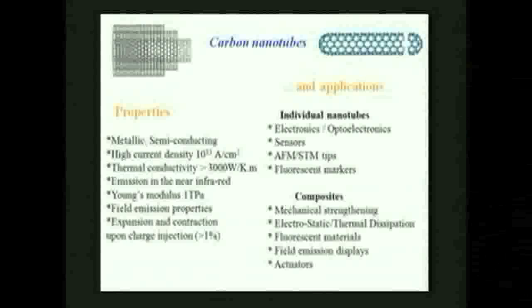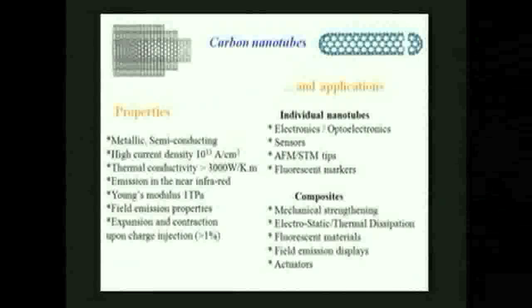So because of these properties, people expect many applications from nanotubes, and we can separate the applications between 2 levels. The first level is the level of 1 molecule, 1 individual nanotube. So at this level, people expect interesting things in the world of electronics, optoelectronic devices.